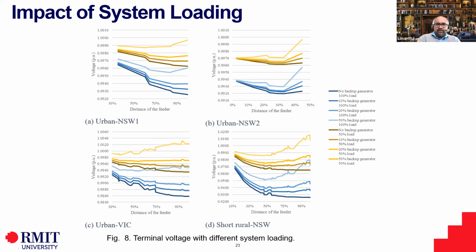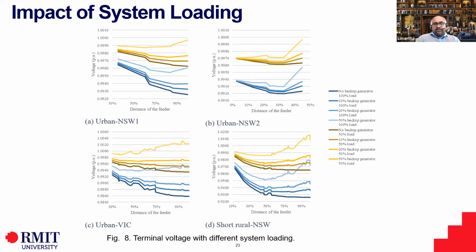We have clearly seen there are voltage increase issues in the network when you increase the size of the backup generator. So the size of the backup generator is playing a major part in this export limitation.